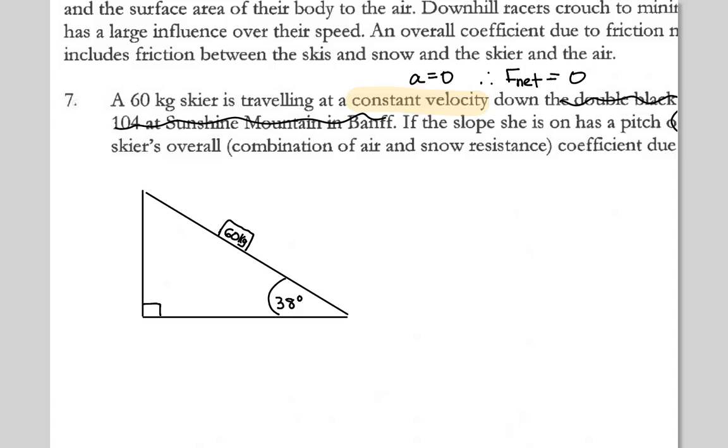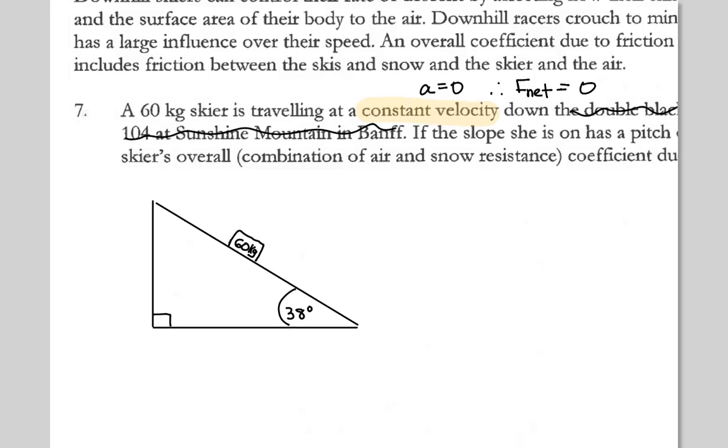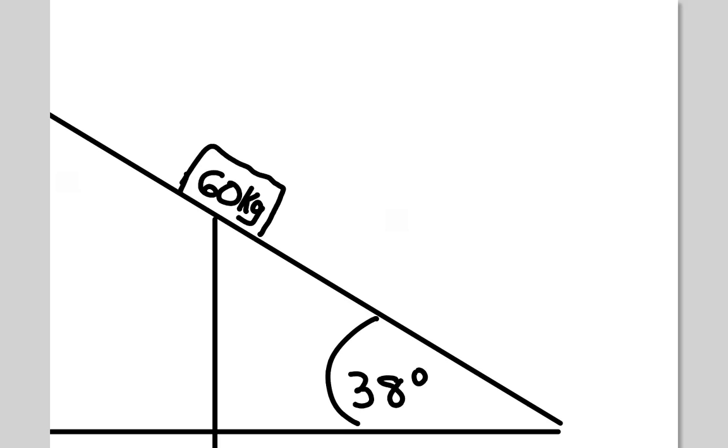Where do you start on these FBD diagrams on the ramps? Start with your force of gravity. Draw straight down. Start there always. Straight down, and I just go from the middle of the ramp and the box at the bottom there.